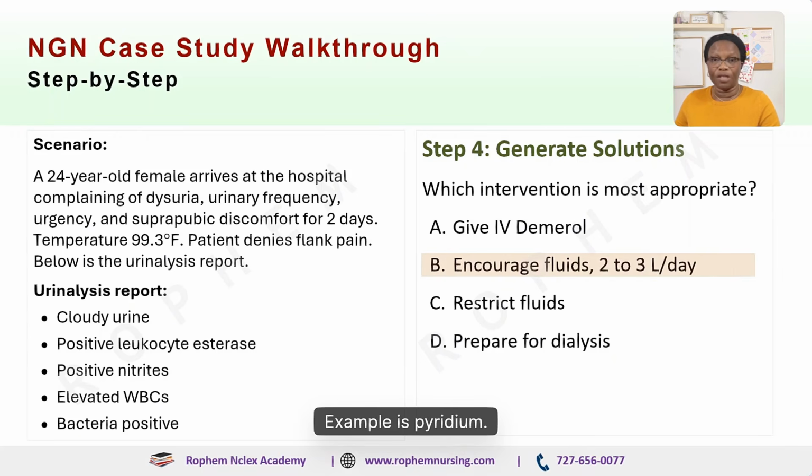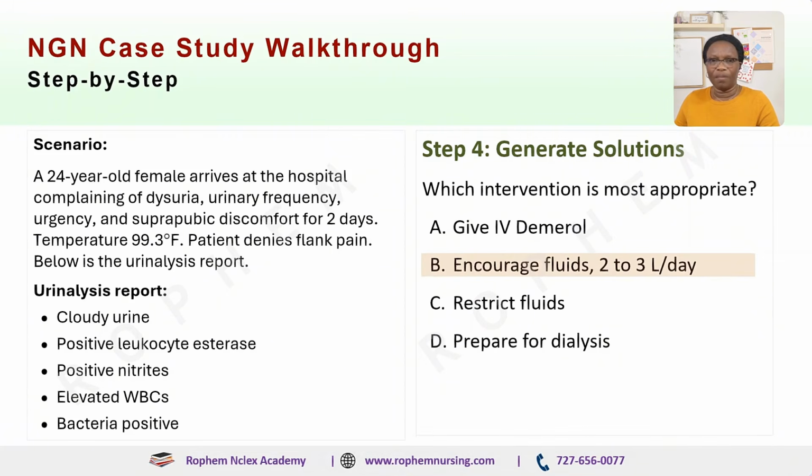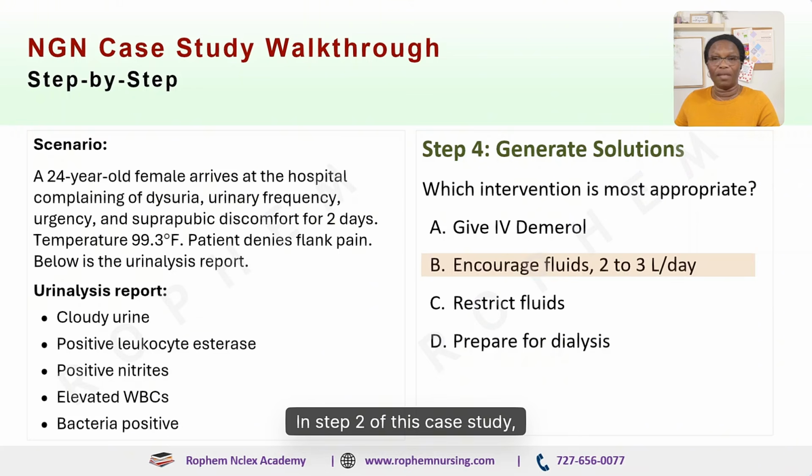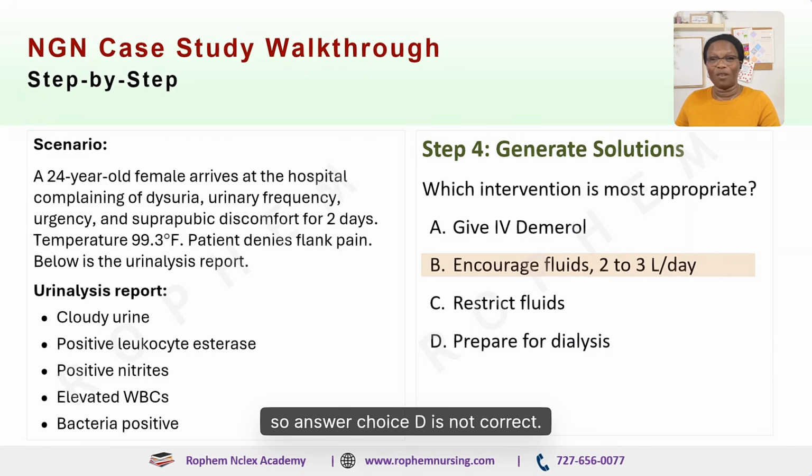Example is pyridium. Answer choices B and C are opposite of each other. C is not correct. In step 2 of this case study, we found that this patient's symptoms are consistent with cystitis. Dialysis is not the treatment for cystitis, so answer choice D is not correct.